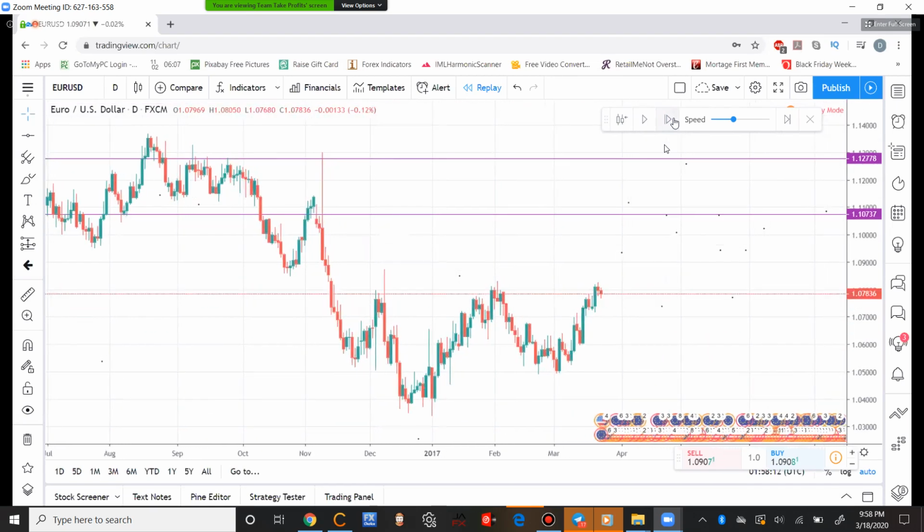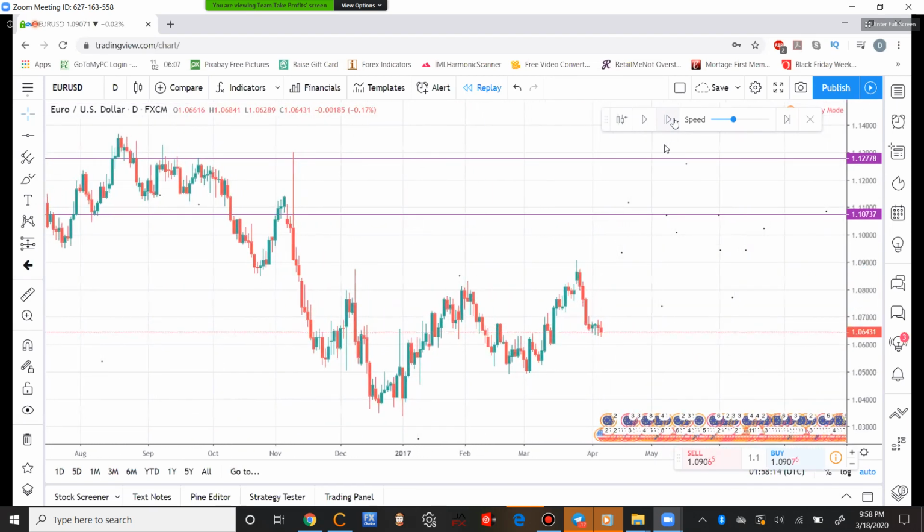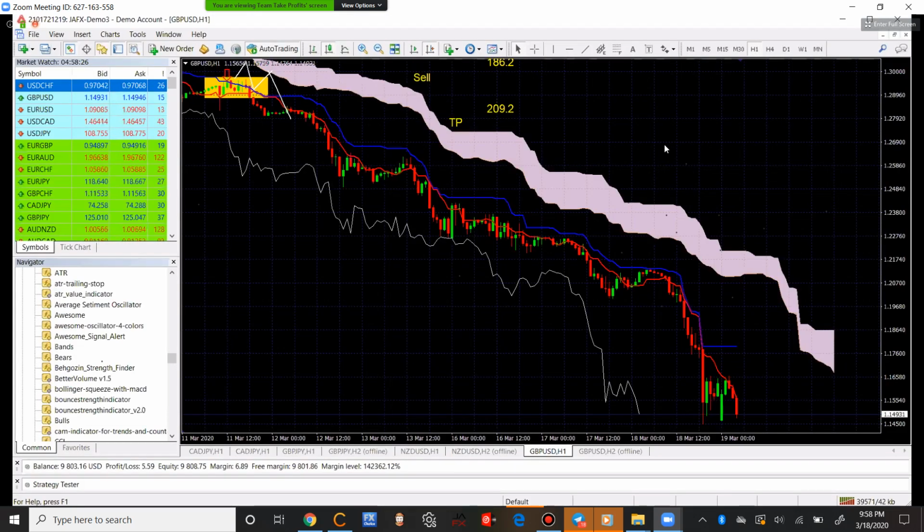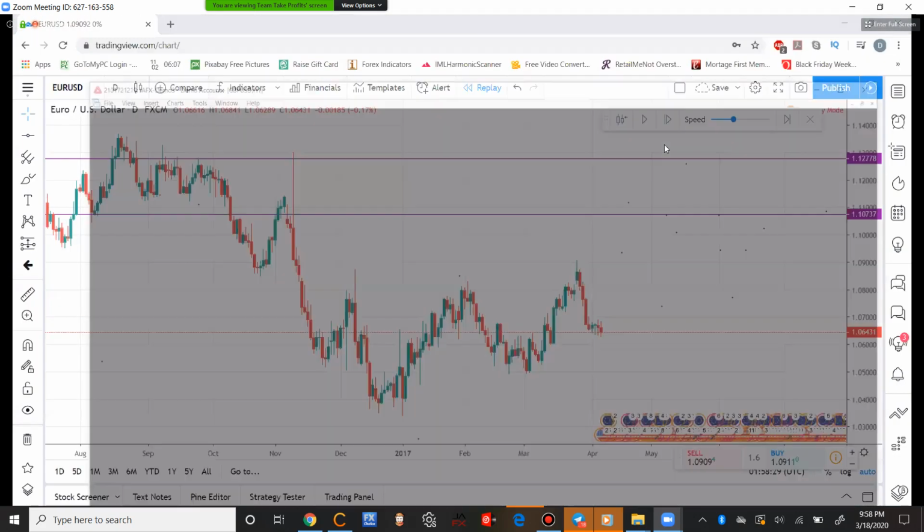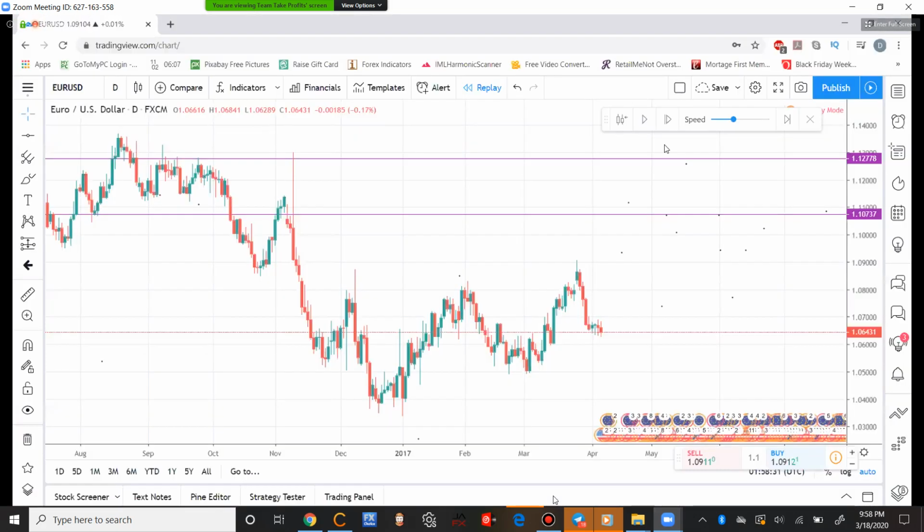It's meant to be taken at a pace where you can learn it the correct way. So these are two tools you can use to back test your strategies. You have replay in your TradingView, then you have your FX Blue software that I was showing you guys on MetaTrader 4.